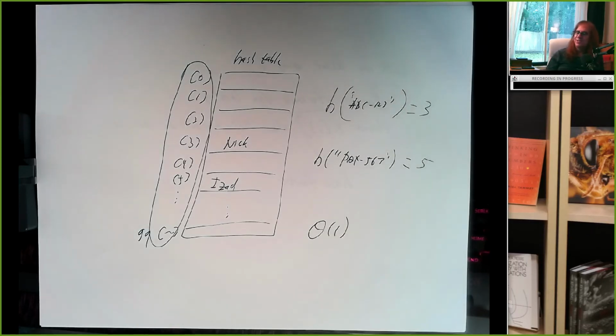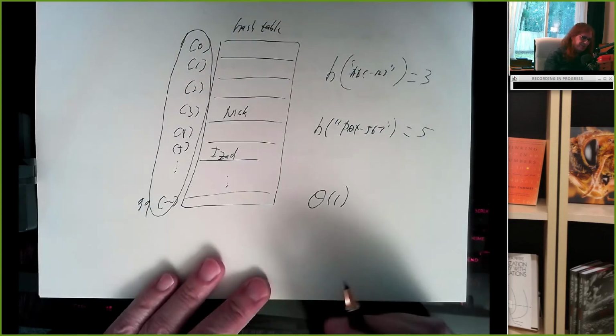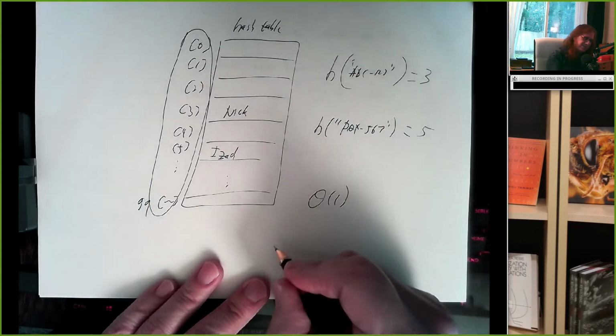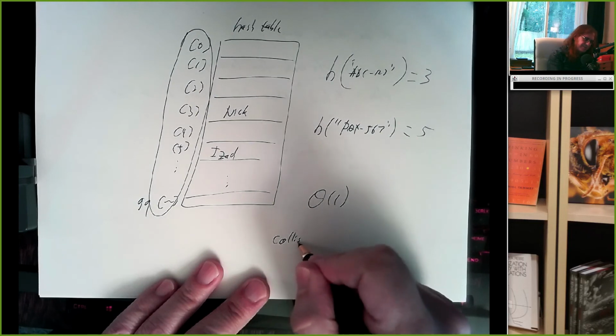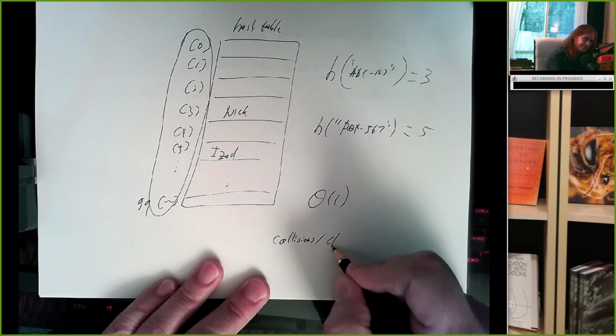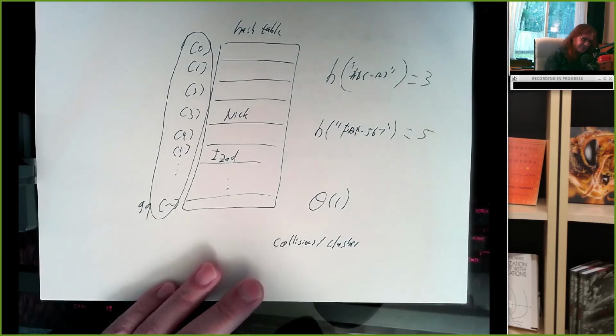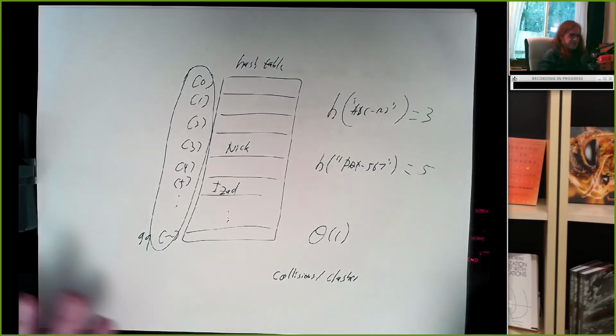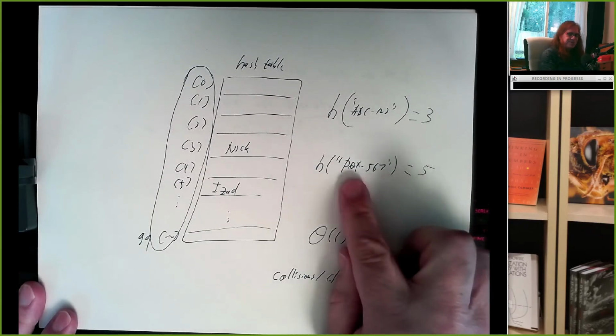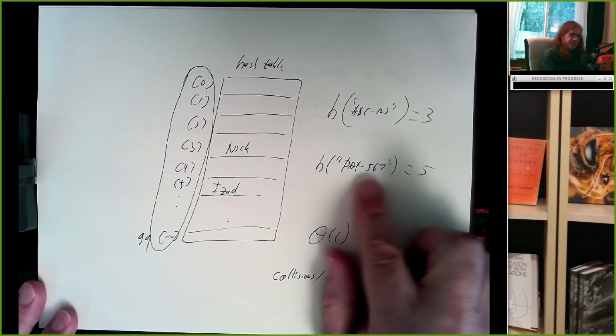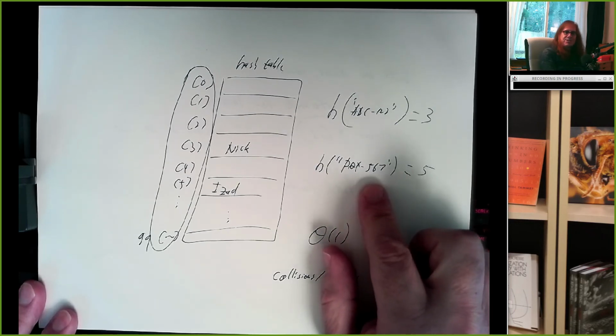And so someone asked in chat just now, won't it run into conflicts? Yes, it will. And that's where reality and theory sort of separate. And so we can get collisions or clashes. Because it's possible that 2 totally different license plates, my hash function might map into the same location.